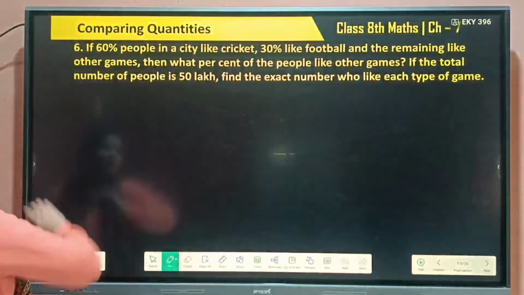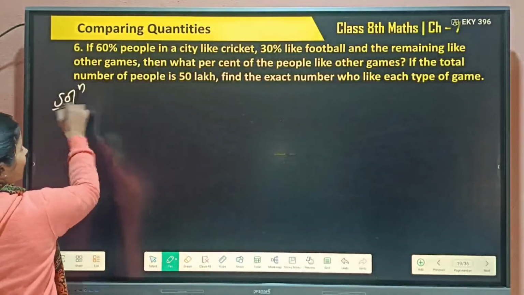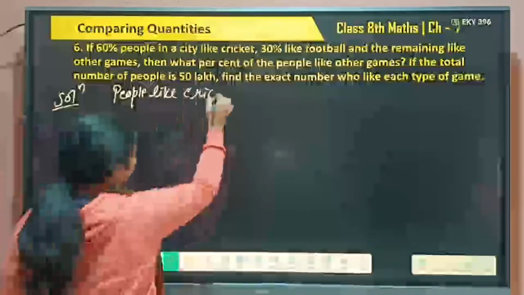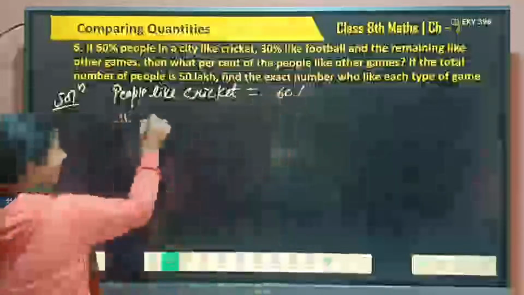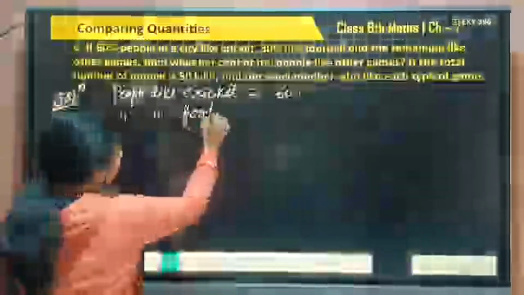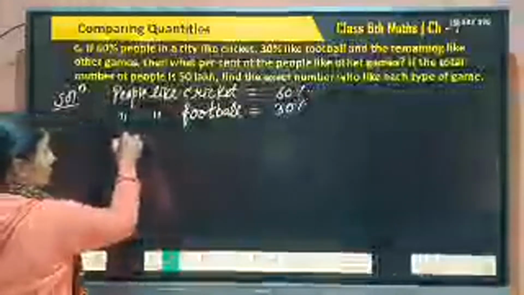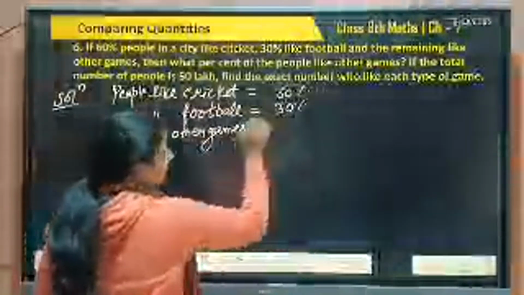Let us see. 60% people like cricket, and 30% like football, and the remaining like other games. This is 90%, total is 100%, so the remaining other games will be 10%.